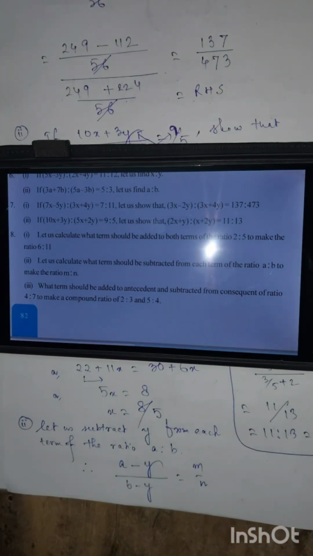So we need to find out y by solving this.